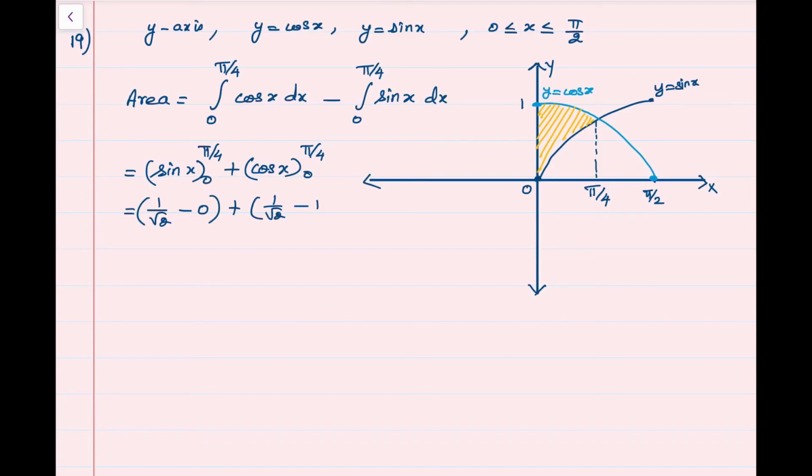Cos 0 is 1. 1 by root 2 plus 1 by root 2 is 2 by root 2 minus 1, which is root 2 minus 1 square units. B is the correct answer.